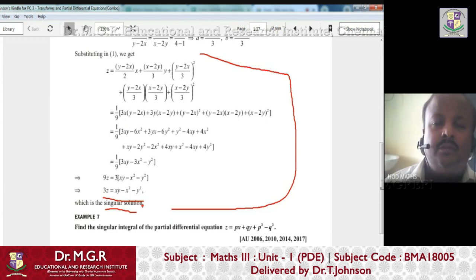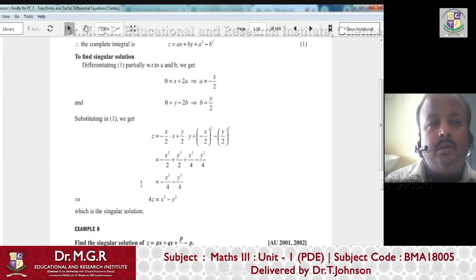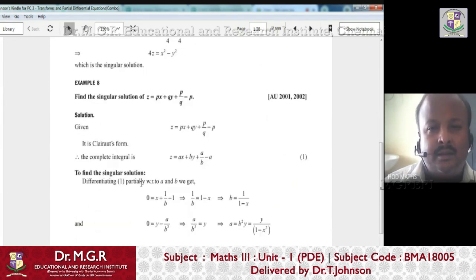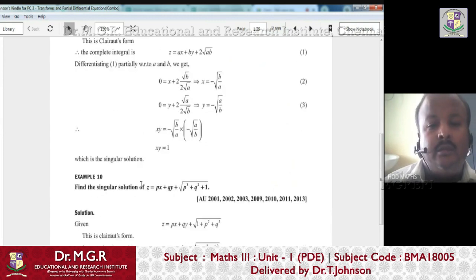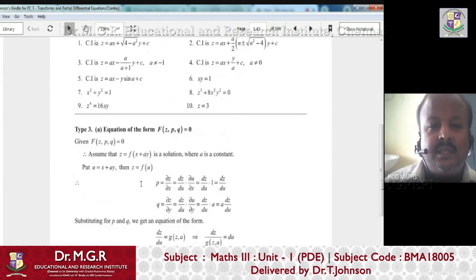Right? So in the next class we can see type 3 PDE and type 4. Right? So for type 3 PDE, I will just give the idea now, and we can discuss it in the next class.